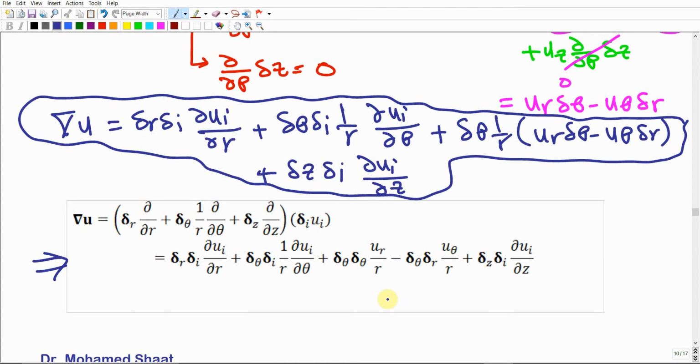As you can see, for the delta_theta delta_theta term, this is gonna be u_r over r, and negative delta_theta delta_r of u_theta over r. So these two terms are this part. All right, so this is the nabla u.